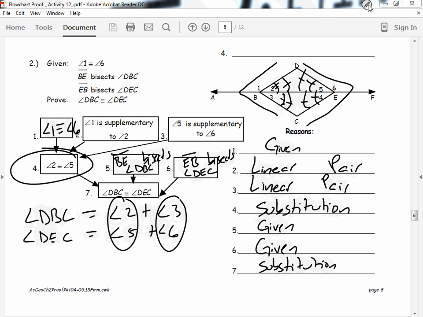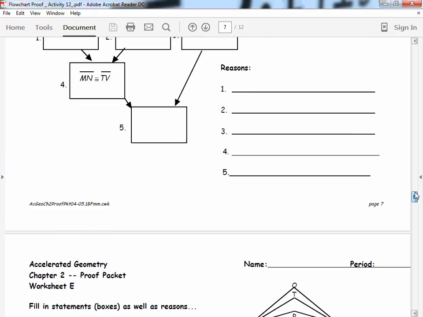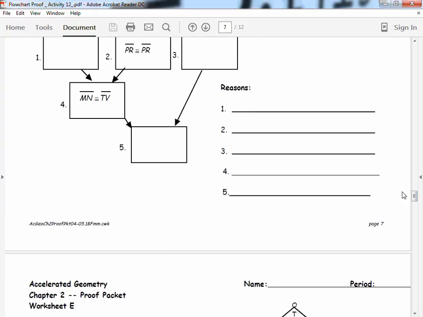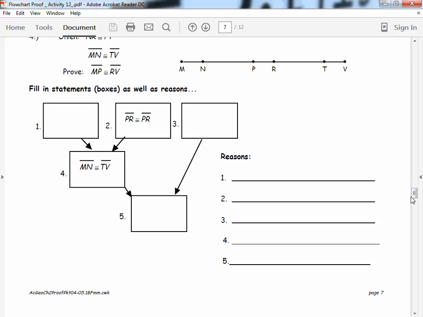There is a typo on your proof. Let me find the typo on this question. This one has a typo. This statement actually comes over here: MN is congruent to TV. Not there.